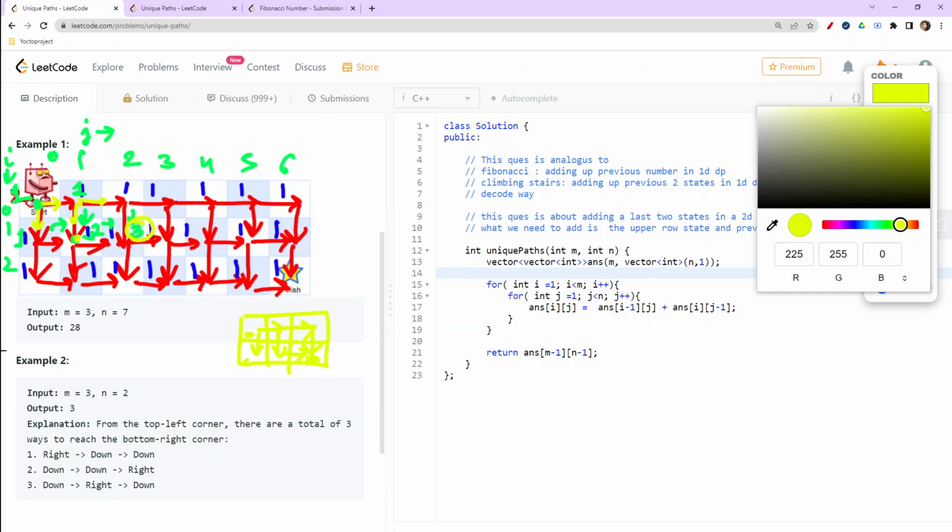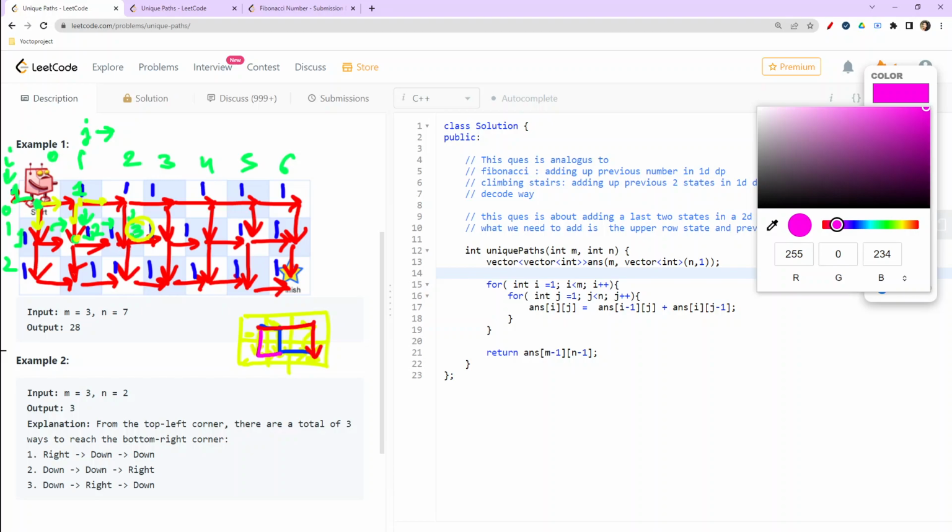So reaching this point, one way was this one, the other way was this one by directly reaching this point, and the third way was this one.